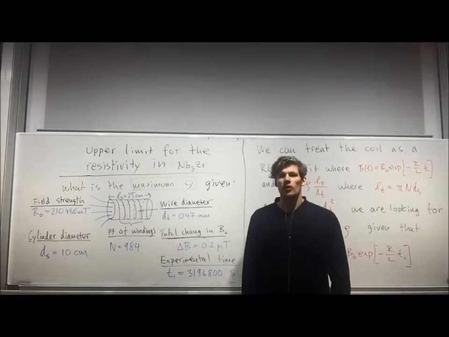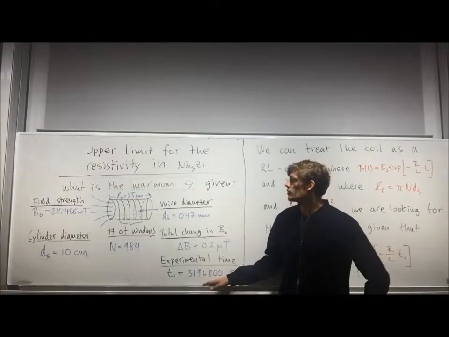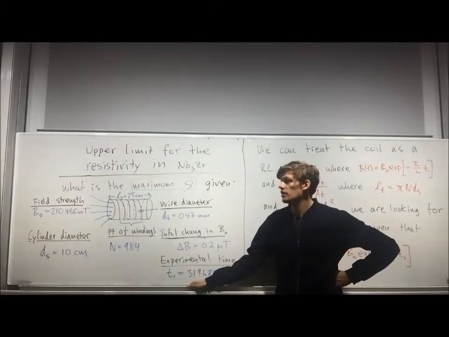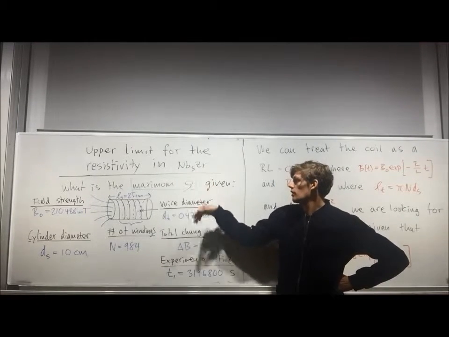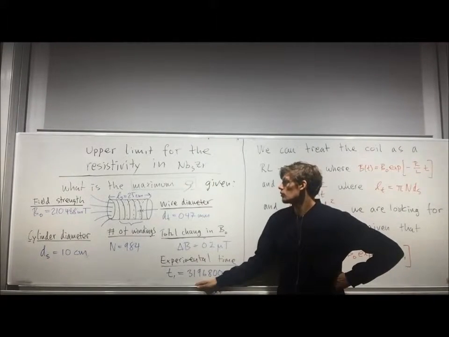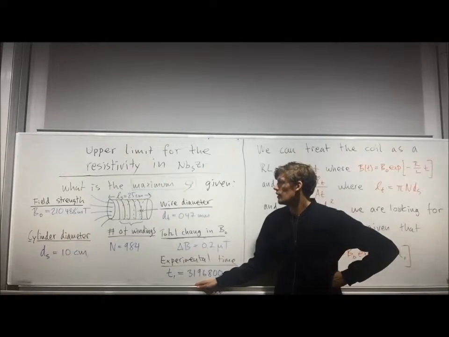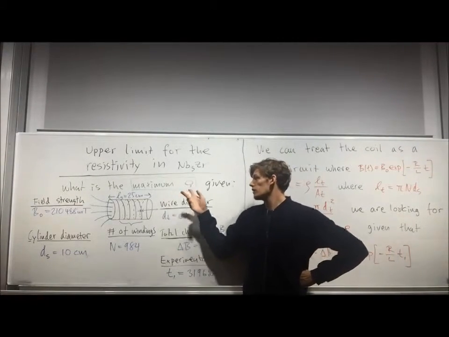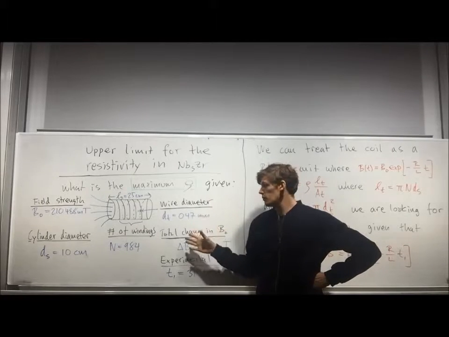Again, in this question, we'd like to calculate the upper limit for the resistivity in this niobium-3 zirconium. We'd like to calculate the maximum rho from this experiment that they have done.